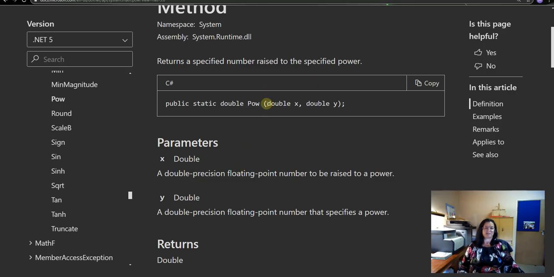Something new that you need to learn and get used to. I'm going to send 2 things to it. These 2 things are called 2 parameters. So I'm going to give it 2 numbers. The first number would be the number that I want to raise to a power. The second number specifies the power.